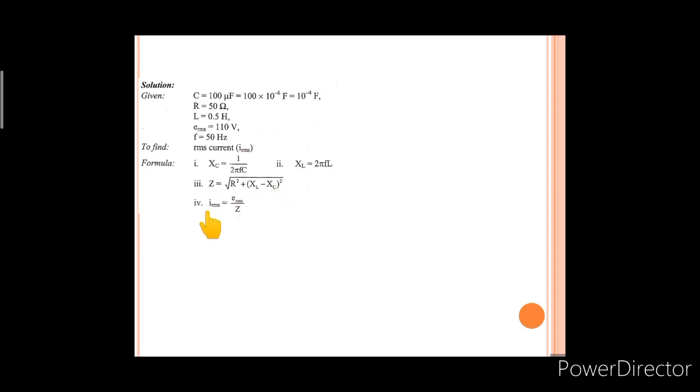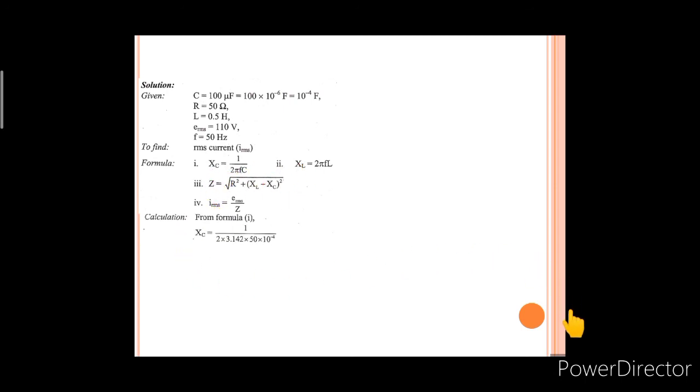And finally, IRMS is given as ERMS upon Z. So we have to calculate the value of Z, and for determining Z we need the values of XL and XC. That's why we are calculating XL and XC also.